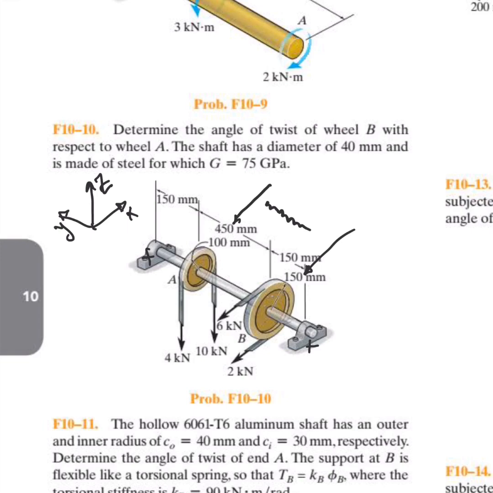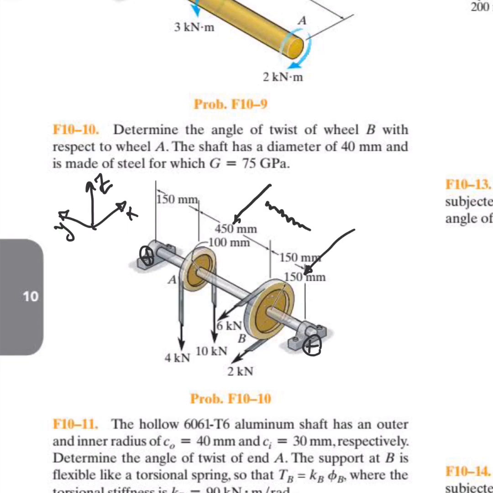It's equal to 4k plus 10k in the negative z direction, so it's like 14k in the negative z direction. Then you can see that this bearing right here is here for a reason, because it can counter the effect of the summation of force in z, making it all 0, such that this system remains in equilibrium.